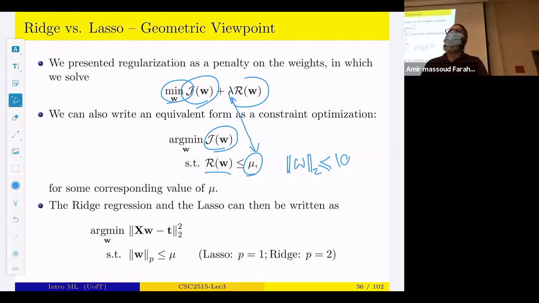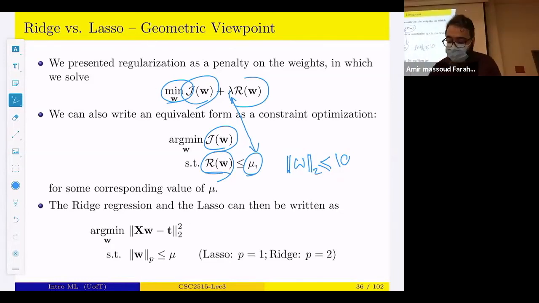It's good practice to think about it: if lambda equals 0, what do you think mu would be? Infinity, yes. If lambda is 0, we are not penalizing anything, which in the constraint formulation means the regularizer can be anything, smaller than infinity.